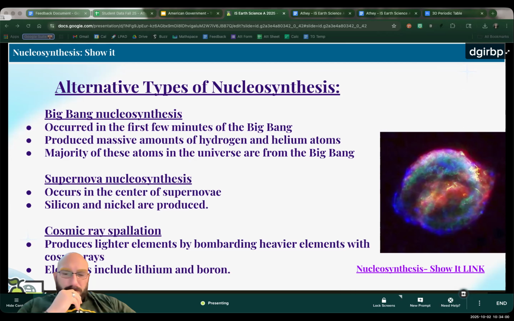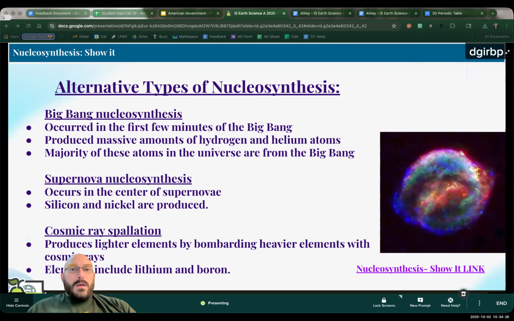Really, what cosmic ray spallation is, we take some bigger elements that were made by fusion and the cosmic rays, or energy, light, X-rays from supernovas, from dying stars, go out and break up those atoms a little bit, creating slightly smaller ones.